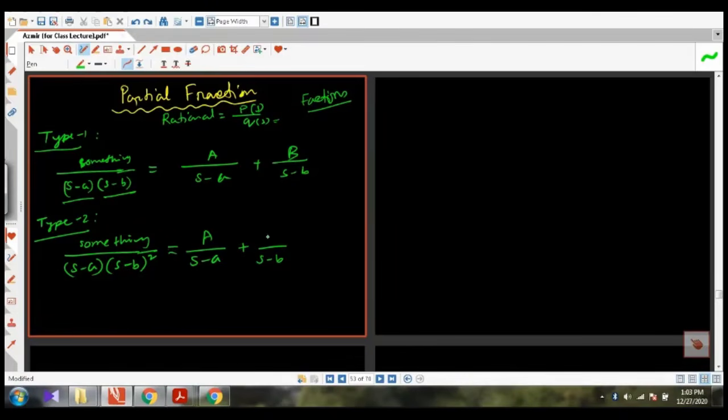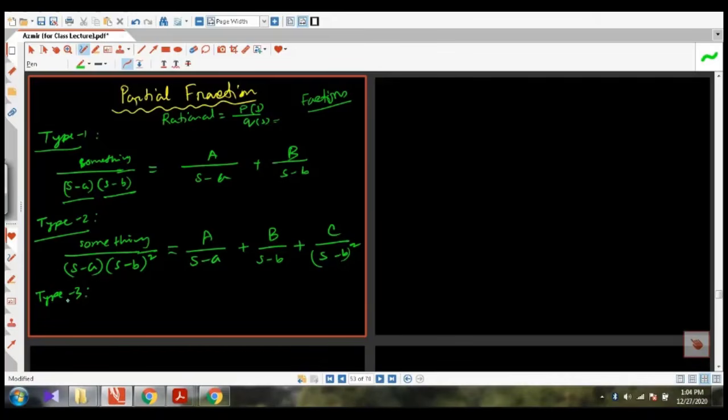So for (s - b) whole squared, we have to come up with B over (s - b), and then C over (s - b) squared. Suppose we have (s - b) power 3, then it will be B over (s - b), C over (s - b) squared plus D over (s - b) cubed. That is the way how we can decompose.